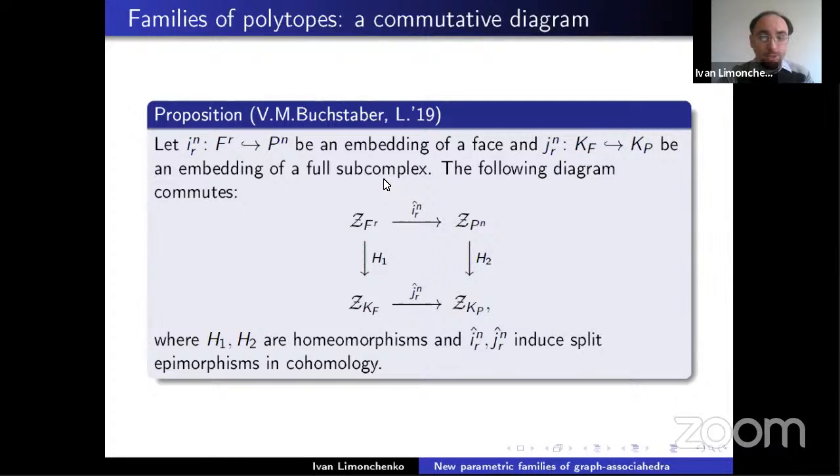Here h1 and h2 are classical equivariant homeomorphisms, and Z_F is homeomorphic to Z_{K_F}, Z_{K_P} is homeomorphic to Z_P, as we all know. And the induced maps are induced by this face embedding and simplicial subcomplex embedding, and they are equivariant embeddings of a submanifold and a CW subcomplex.